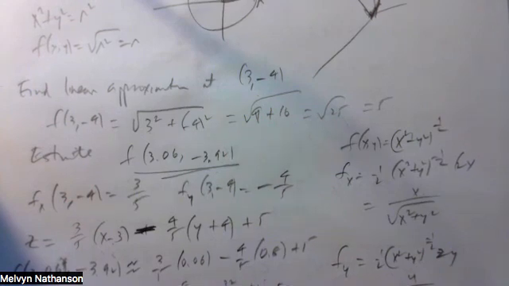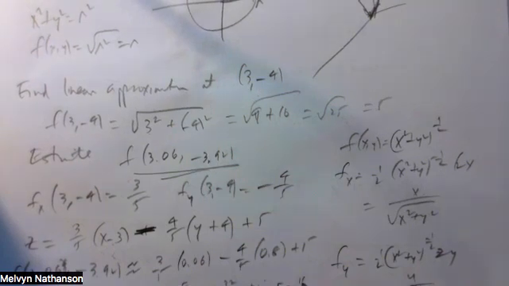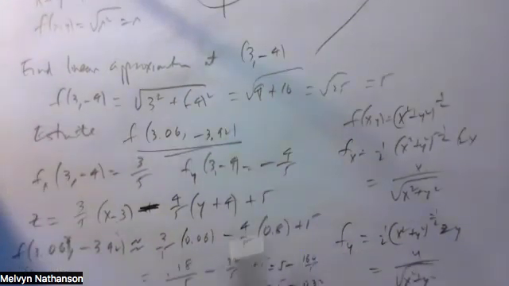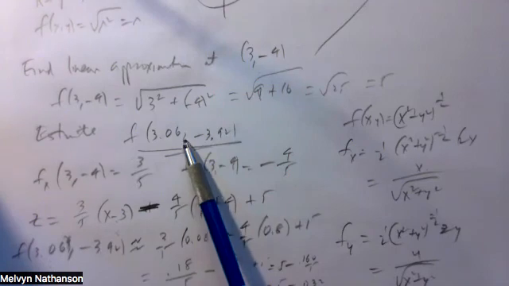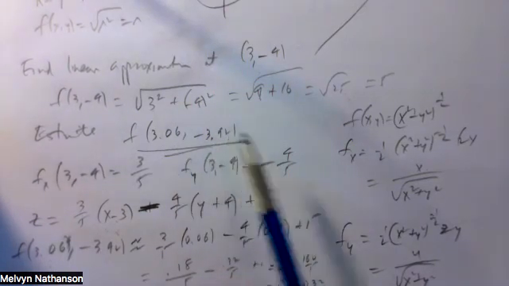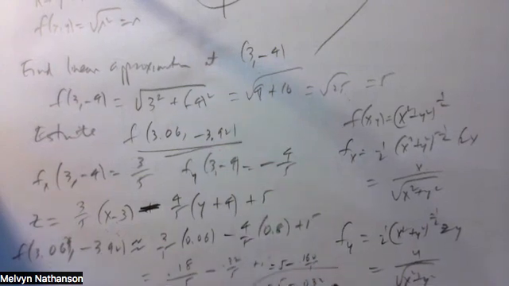What is that? 0.16 over 5 is 0.032, so it's 5 minus 0.032. So as you move from 3, minus 4 to 3.06 and minus 3.92, the change in the function from 5 is approximately 0.032. That's my calculation.